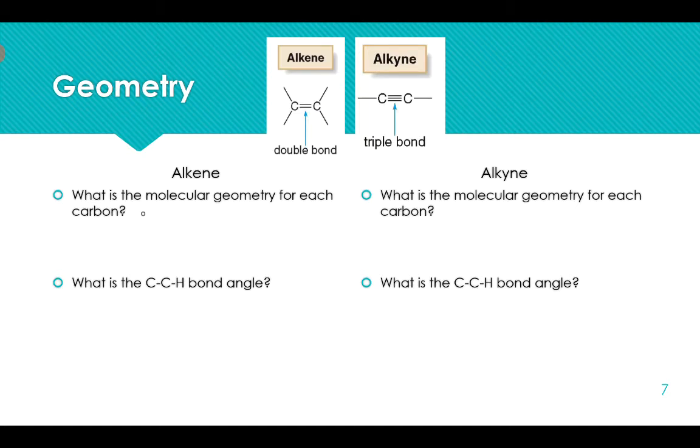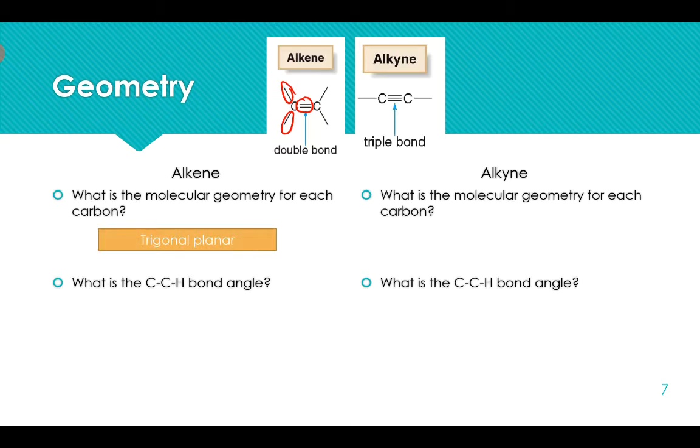So what is the molecular geometry around each carbon atom in this alkene? Go ahead and pause the video and try to work out and remember what these are. Unpause the video when you are ready to answer these questions. Okay, so in this alkene, there are 1, 2, 3 electron groups around each carbon.